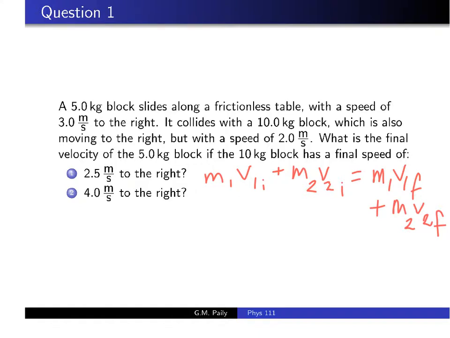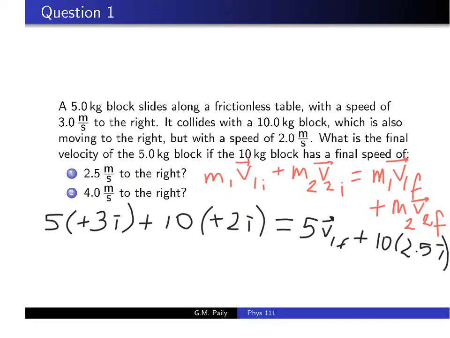We know that since the total momentum is conserved, M1V1 initial plus M2V2 initial is equal to M1V1 final plus M2V2 final. However, remember that we are dealing with momentum vectors, and so all these velocities are vectors as well. So we add the little vector symbols on top to remind ourselves of that. Now let's plug in the values.